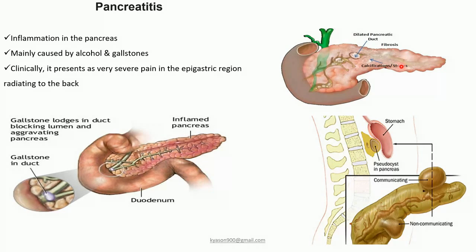Remember, your pancreatic juice has got different salts. Those salts can clump together and form stones or calcifications in the duct, but also in the pancreatic tissue.